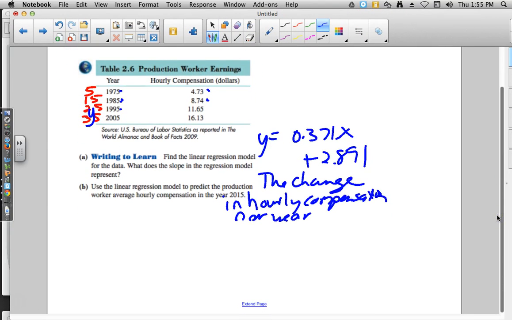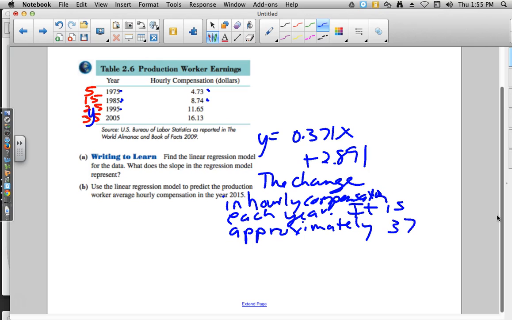The change in the hourly compensation is approximately 37 cents a year. So that's all for A.